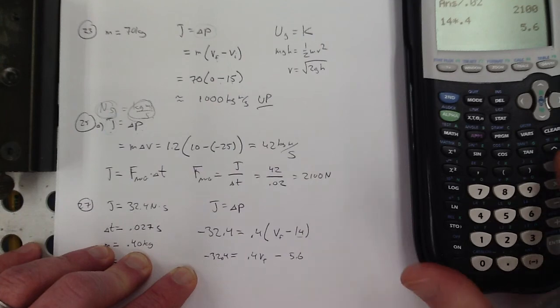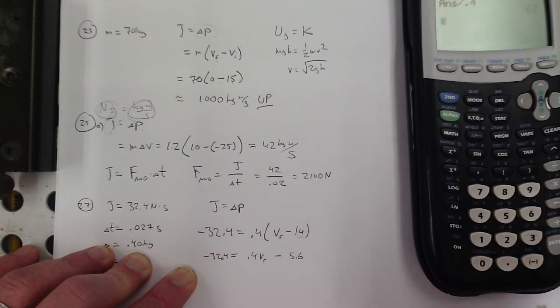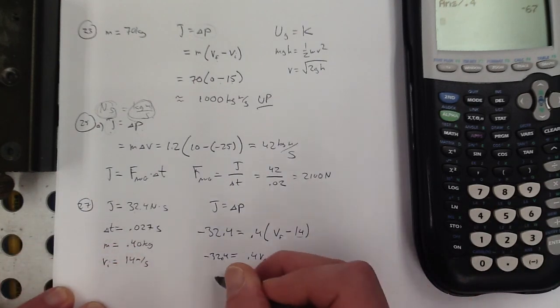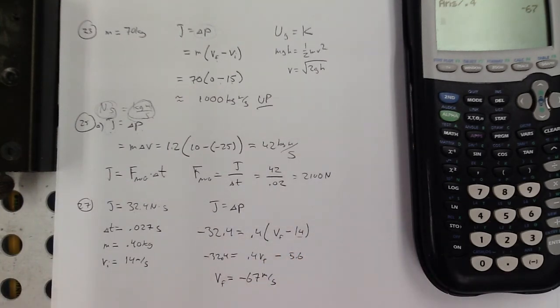So I've got negative 32.4 plus 5.6, divided by 0.4. The final velocity is going to be negative 67 meters per second. Wow, that's a lot. Did I do that right? Yep. They wanted the speed, so they're just reporting the positive version of that.